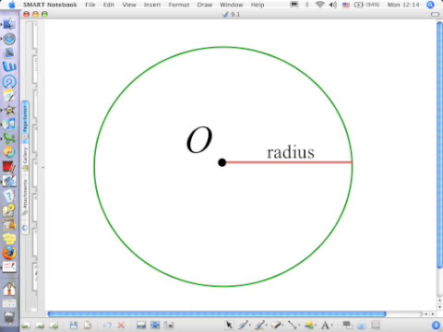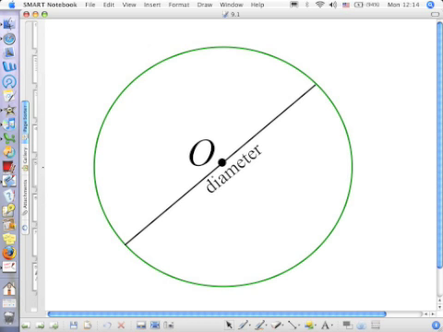Okay? A diameter joins 2 points on a circle and cuts straight through the middle. We should already all know that the relationship between a diameter and a radius is what? The radius is half of the diameter. Exactly.